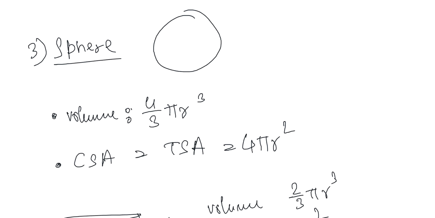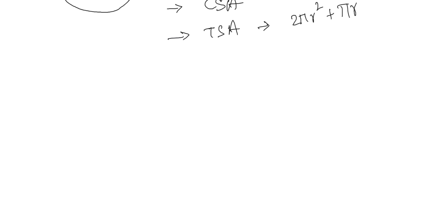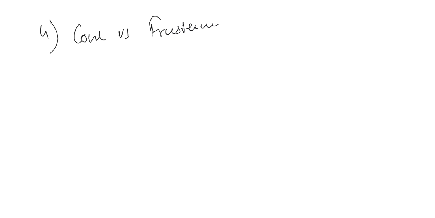The last thing to learn in mensuration is cone versus frustum. So there are some visible differences between cone and frustum. Let's try to write them up one by one.